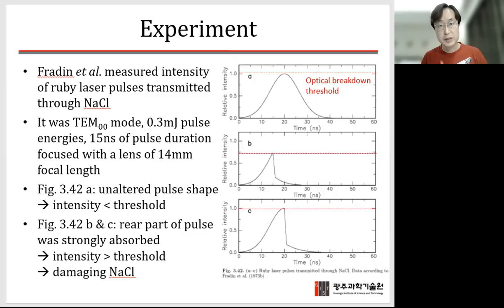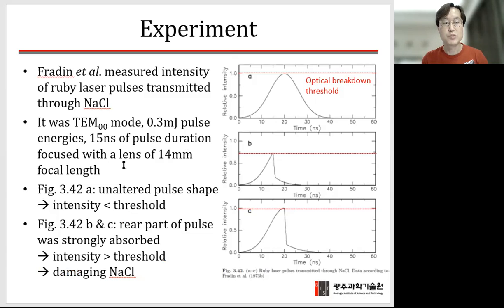Okay. So here are some experimental results. Pradine measured the intensity of ruby laser pulses transmitted through sodium chloride, which is salt. The laser was TEM00 mode, so basically a simple circular shape of light, with 0.3 millijoule pulse energy.